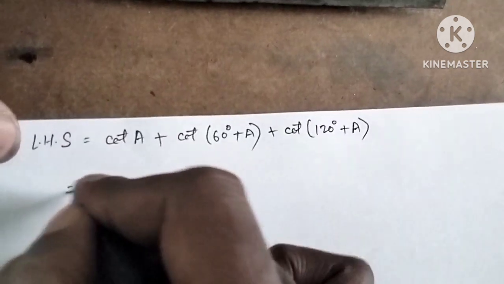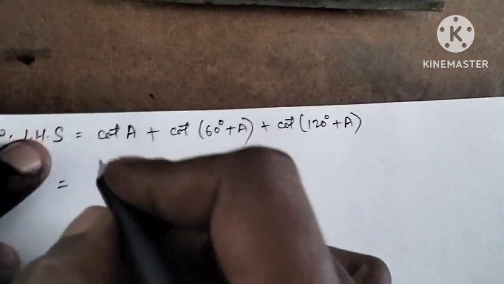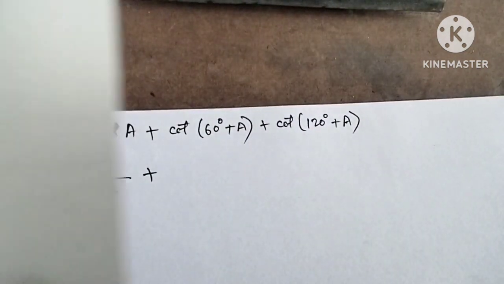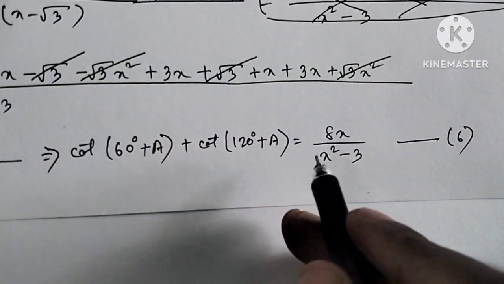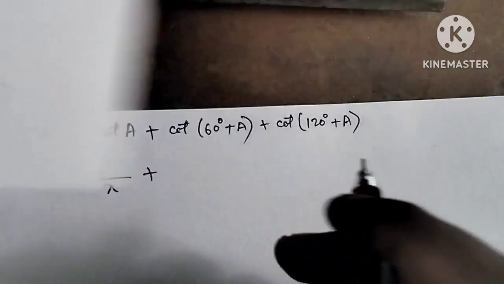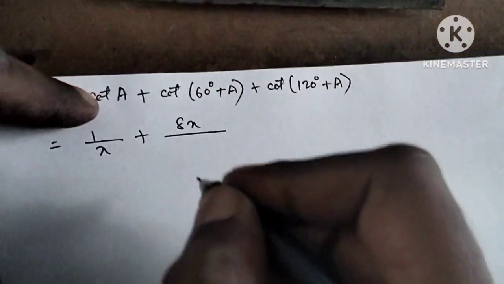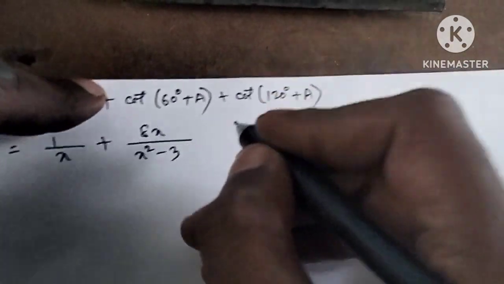Acha, so cot A was 1 by x, plus cot 60 degree plus a plus cot 120 degree plus a is 8x by x square minus 3, right?